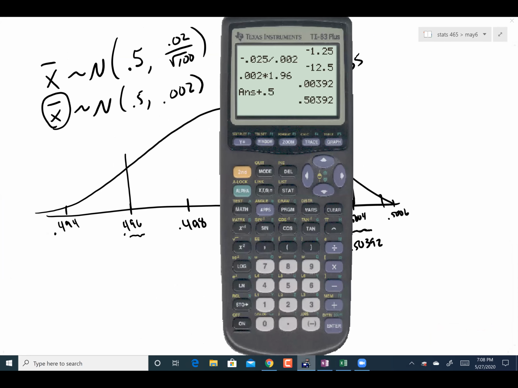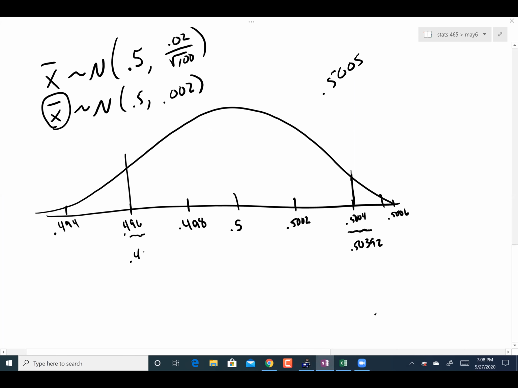And 0.5 minus 0.00392 is 0.49608. Come talk to me if we get an X bar that lands down there or an X bar that lands up here. That's when I want you to shut me down.